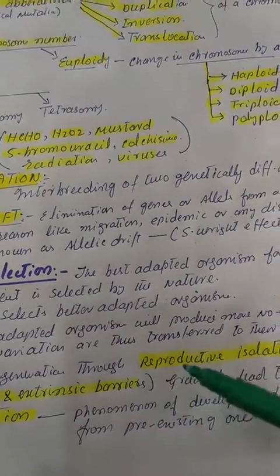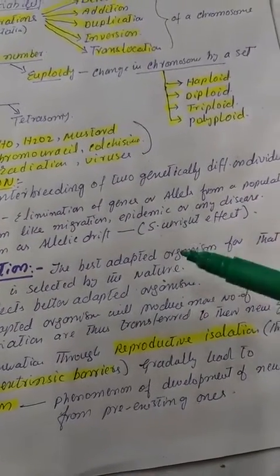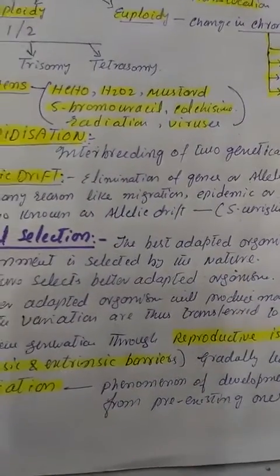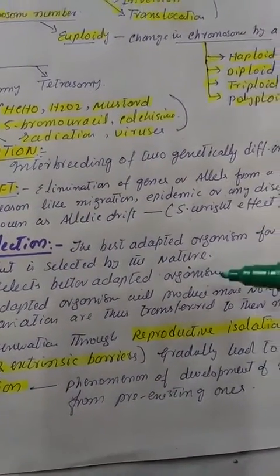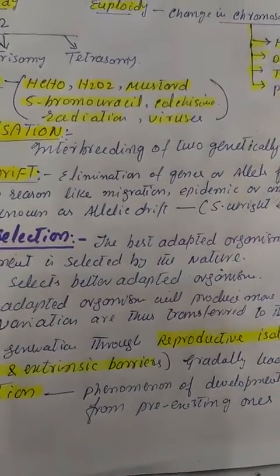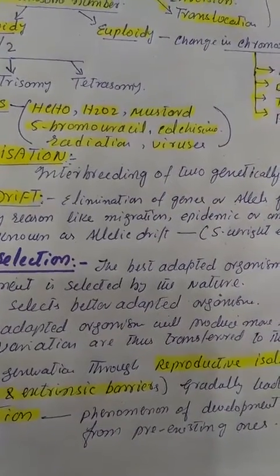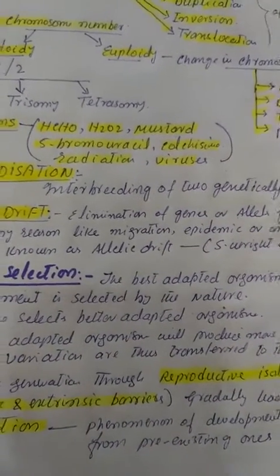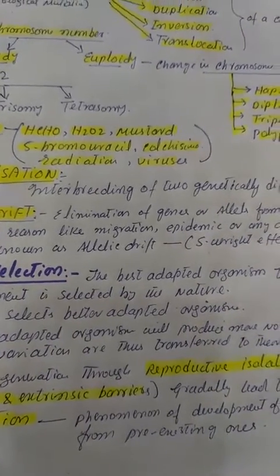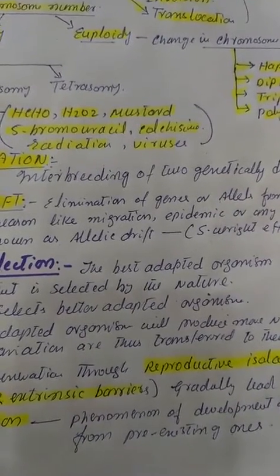The nature selects better adapted organisms, and better adapted organisms will produce more offspring, and the variations are thus transferred to their new generations. The natural selection of neo-Darwinism operates through differential reproduction, which states that the best adapted organisms mature earlier and leave more progeny than those which are less adapted.